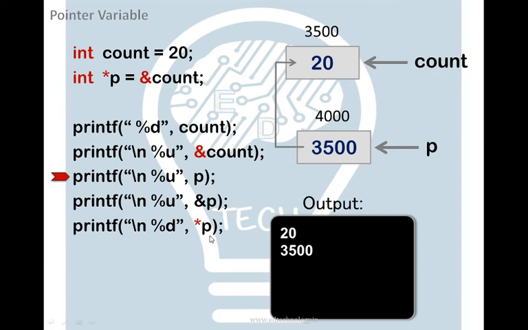Now we are printing p, again the same way with %u, which gives 3500. The fourth one is %u with the address of p. The address of p is 4000, so it will print 4000, and *p is nothing but the value of count, so it will print 20.